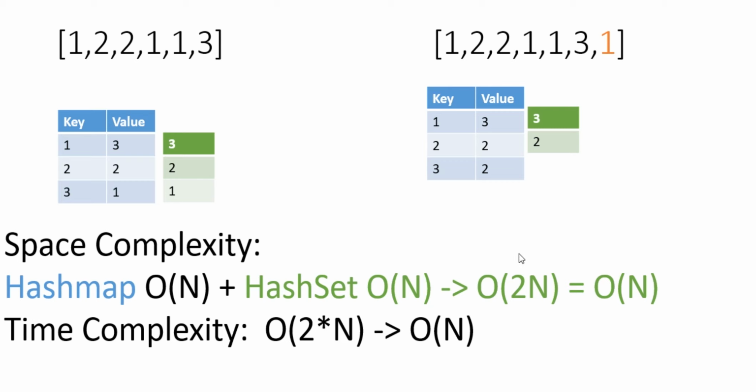And for time complexity, we're gonna iterate through our array once just to build our hash map, and then we're gonna iterate through the values of our hash map to obtain our hash set. So we're gonna iterate 2 times at most the size of the array, so 2 multiplied by n, which results in O of n because 2 is a constant. And that's it for the conceptual view of how we can solve this problem.